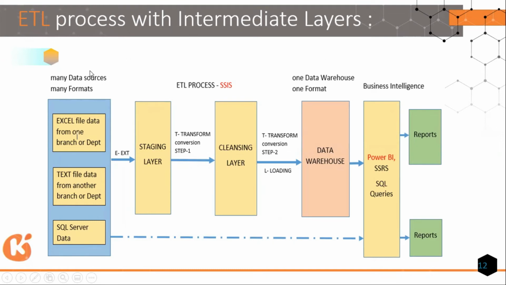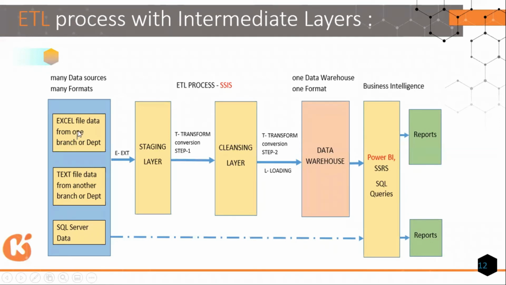Between the data sources and the data warehouse, we will use many intermediate layers. In this diagram, just as an example, I used 2 layers, but depending on your project size, you can use any number of layers, 3, 4, or even 10 layers. From every layer, we will read the data, apply some transformations or data conversions, and write the result into the next layer.